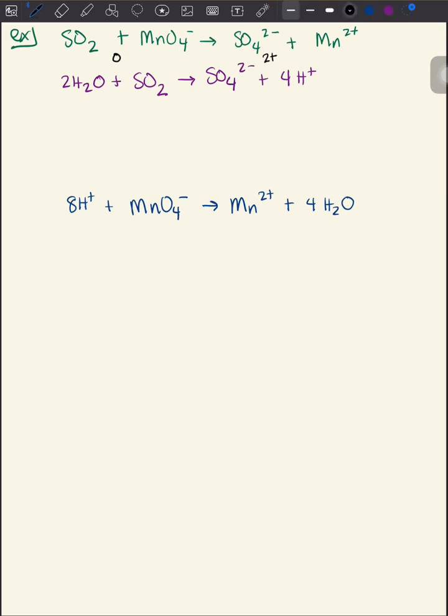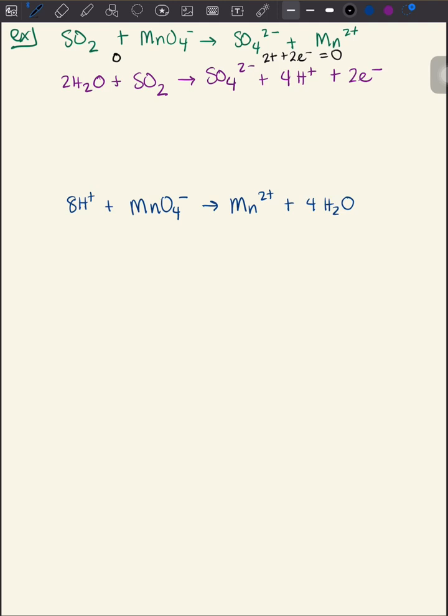So I'm going to add electrons to my product side. And that should give me an overall charge of 0, which will be the same as my reactants. So the charges of my reactants and products are equal. In this case, they both are 0, but they don't have to be 0. They can be any positive or negative number in addition to 0.